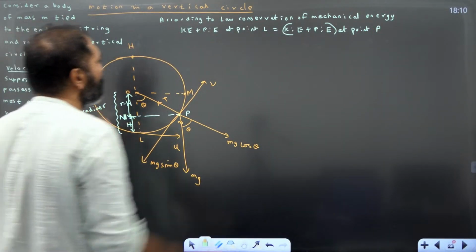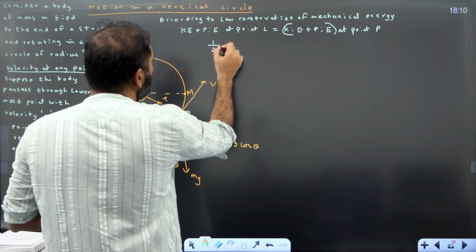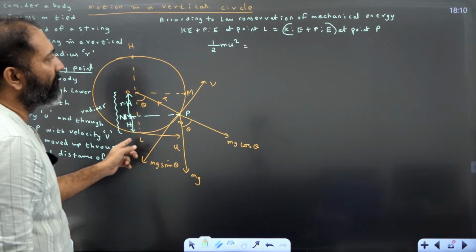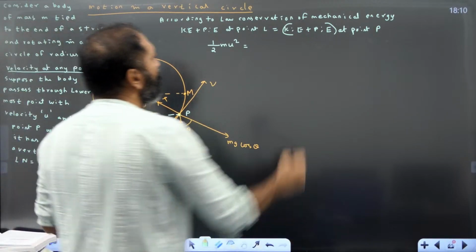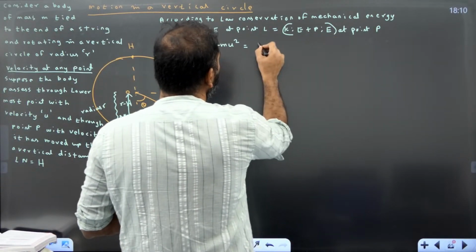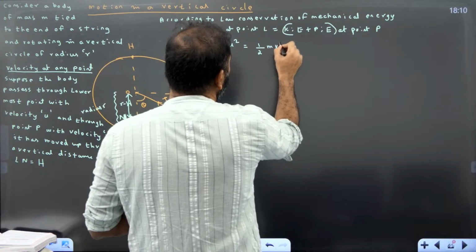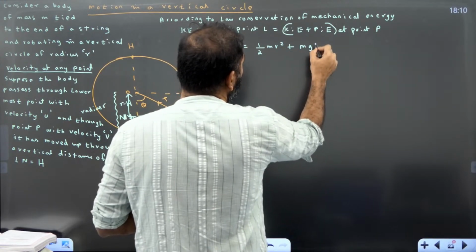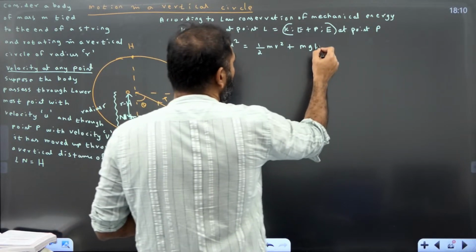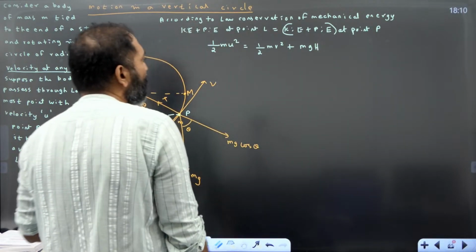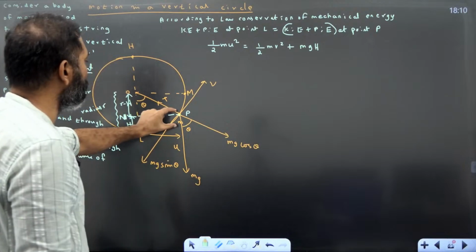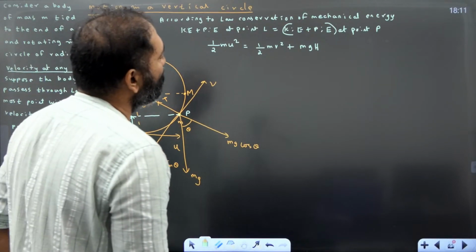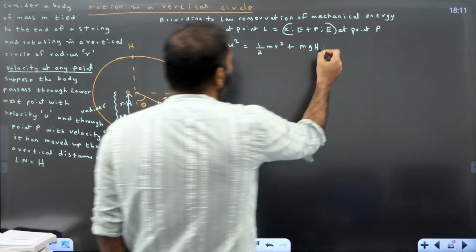Half mu square. Potential energy will be 0 at the lowest point because there is no height. Now kinetic energy at the point P will be half mv square. Potential energy at the point P will be mgH, since it has a vertical height H. Let this be equation 1.